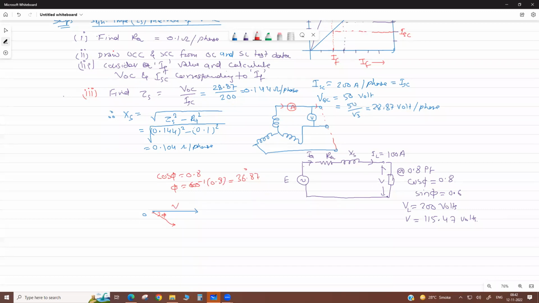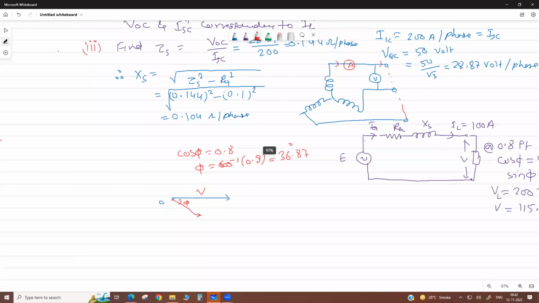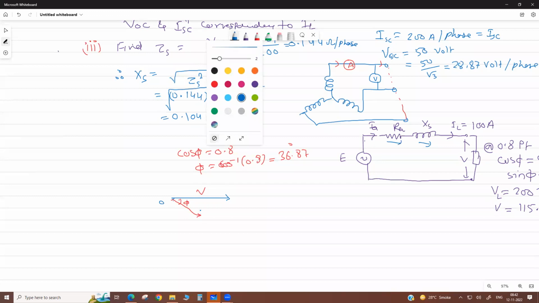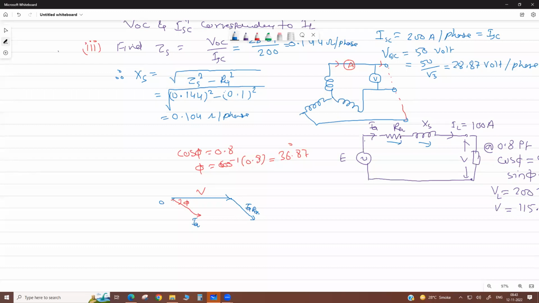Let me enlarge this a little. This is your V. Then due to the current there is a drop in resistance. The drop in resistance is always in phase with the current, this armature current. So the drop in resistance is parallel to the current, and this will give you IA RA.